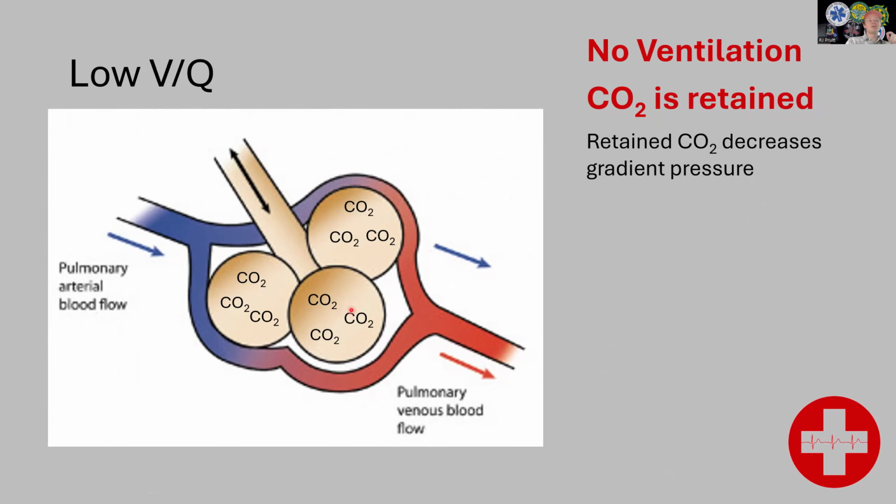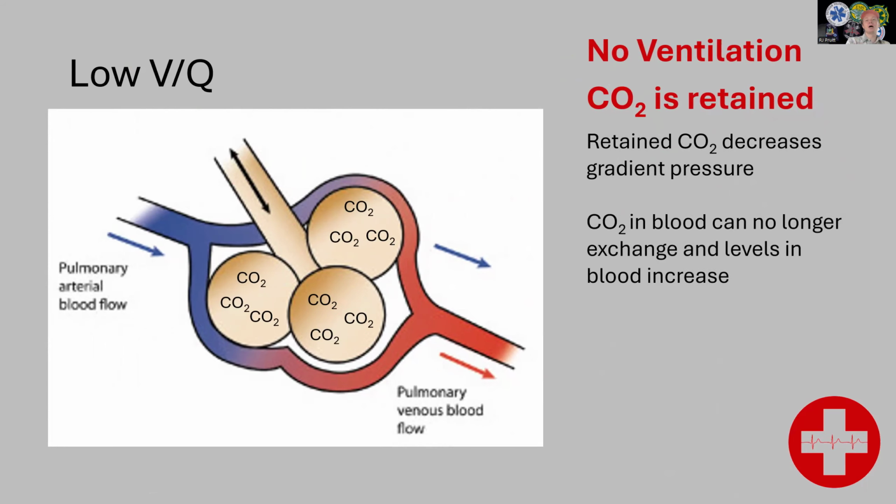Now that we've built up all this CO2 that isn't getting ventilated outward, no CO2 is coming out of the blood into this group of alveoli, and it starts to build up in the blood. What this eventually causes is acidity. Like we talked about a handful of slides ago, as we build up CO2, the blood starts to get more acidic.